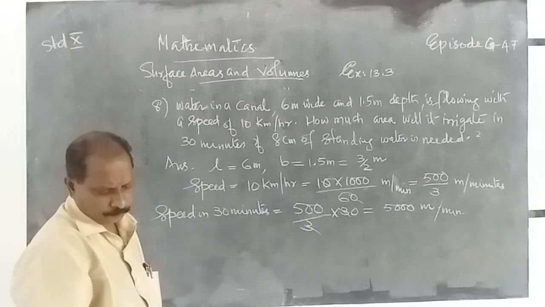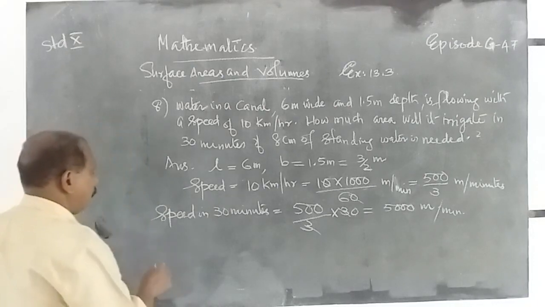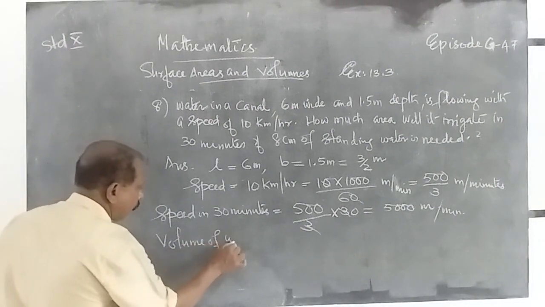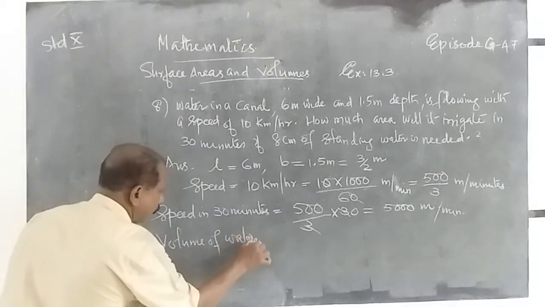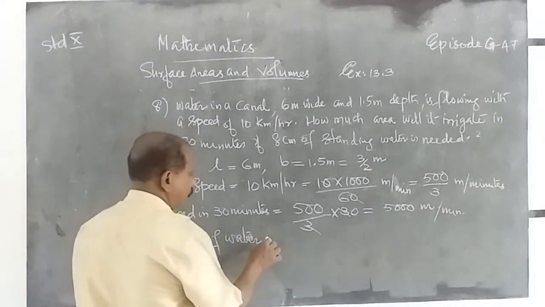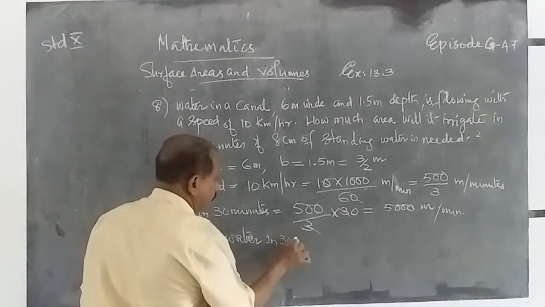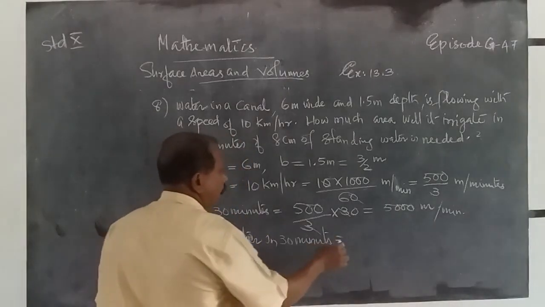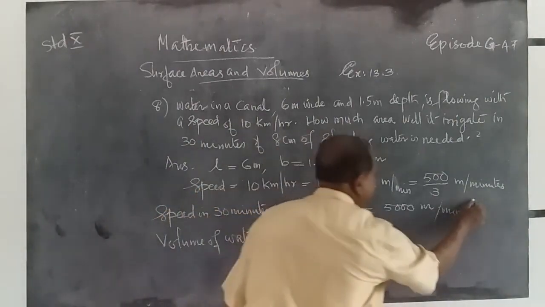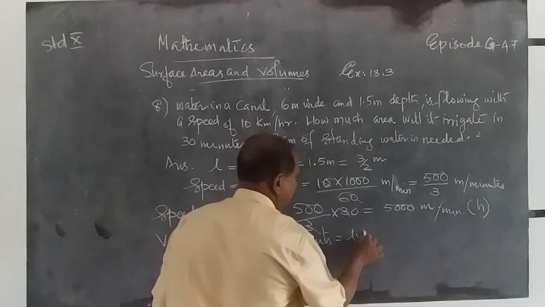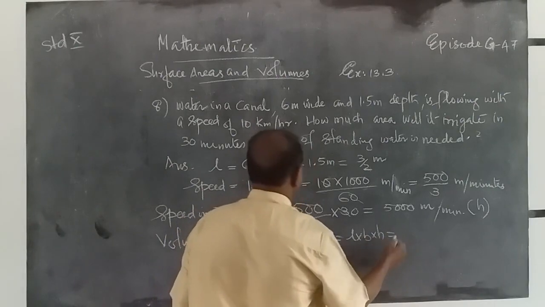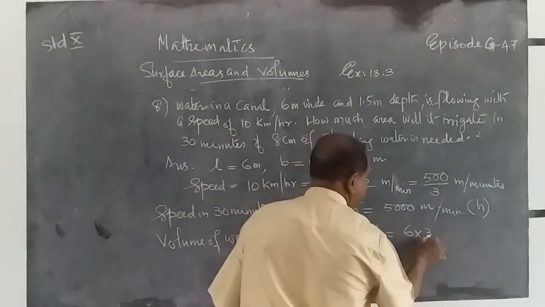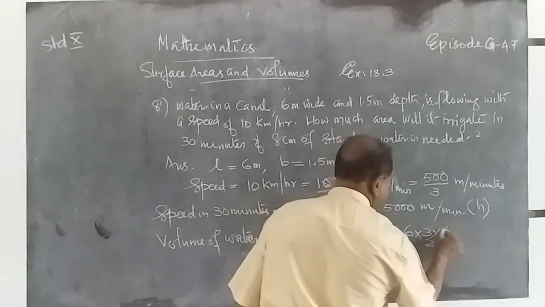Then volume of water in 30 minutes is equal to length into width into height, that is L. What is L? 6 into width 3 by 2 into 5000.